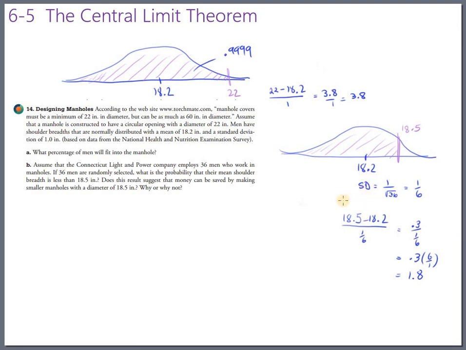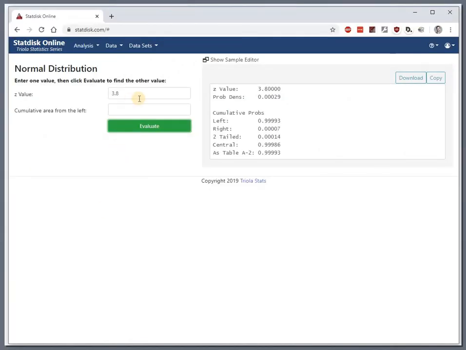So now we just need, not a standard deviation, a z-score. Z-score of 1.8. So we need the percentage of the curve that's less than a z-score of 1.8. And again, that's a pretty good percentage of the curve.